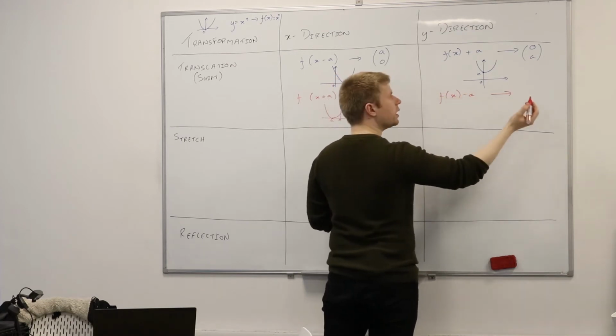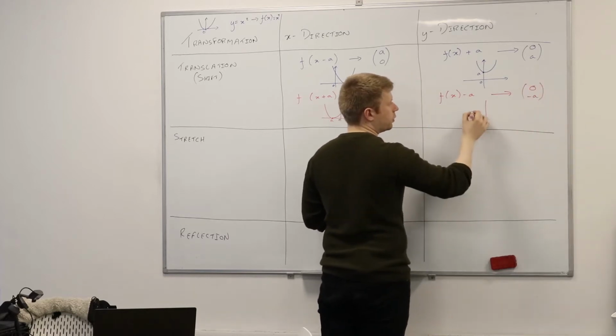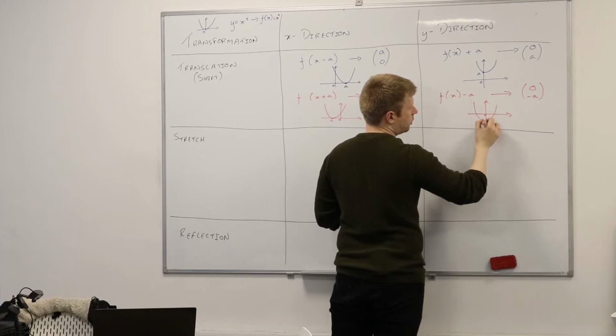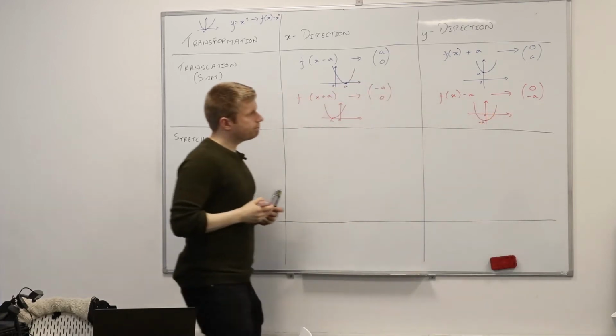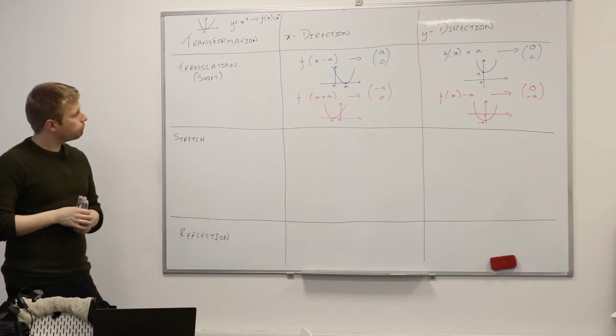Okay, f of x minus a, that just basically means move (0, a) down. So in other words, my graph would look something like this. Is that clear?